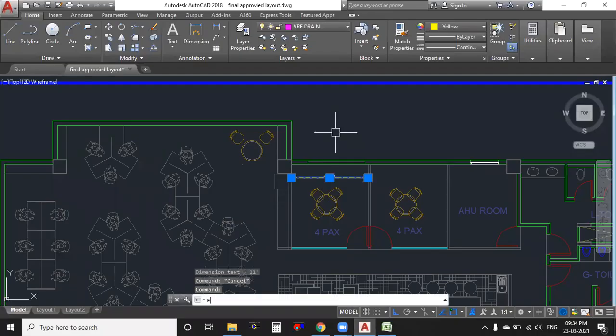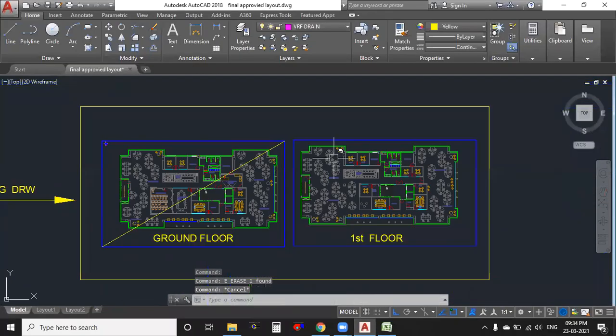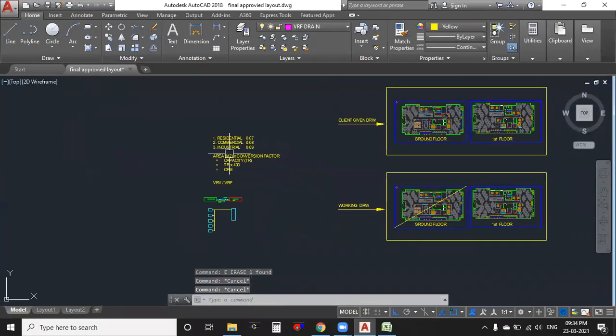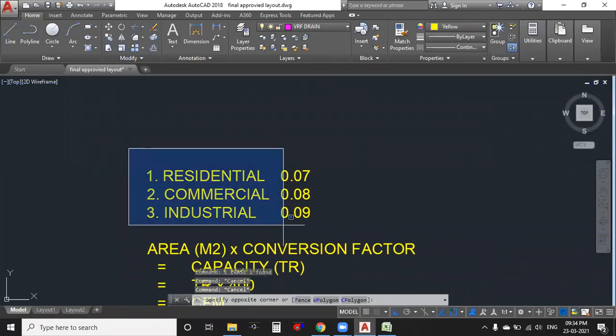Now how to calculate our capacity in TR? For this, first we need to know about types of buildings. Usually we have three types of buildings: one is residential, second commercial, and third industrial. Residential means where people live with their families.